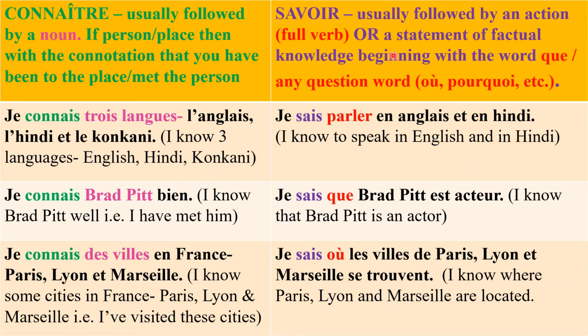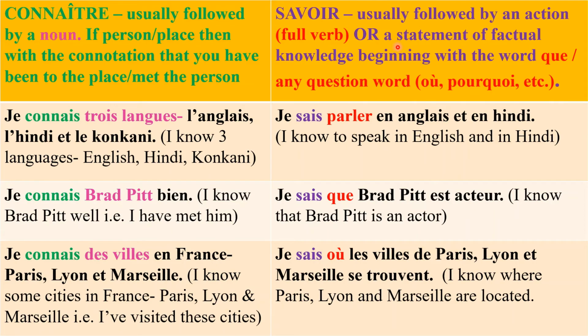That means when you want to state a fact, that you know this particular fact, that you know so and so is true, or that so and so exists, then you can use savoir beginning with the word que. That does not imply that you are very familiar with the person or that you visited the place. It is nothing like that. Savoir is used for factual information.